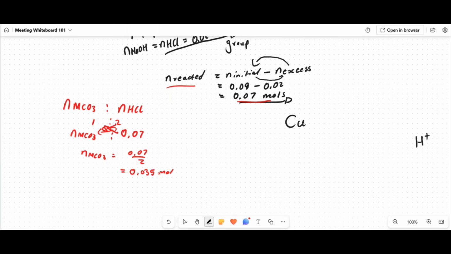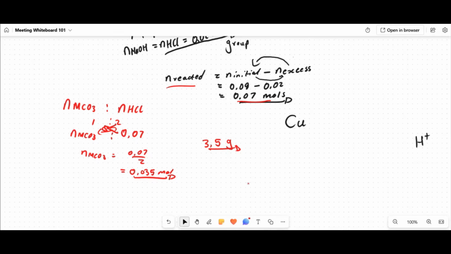Now I have the number of moles of metal carbonate. I was given the mass, which was 3.5, if I'm not mistaken, 3.5 grams, right? Now I have the number of moles. What do I actually need?